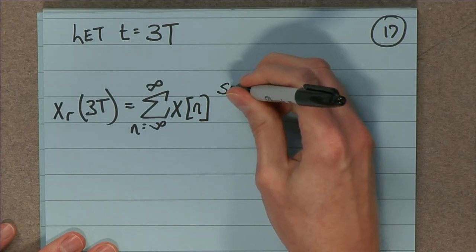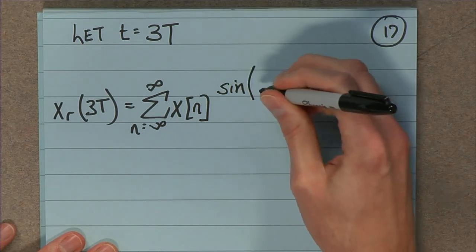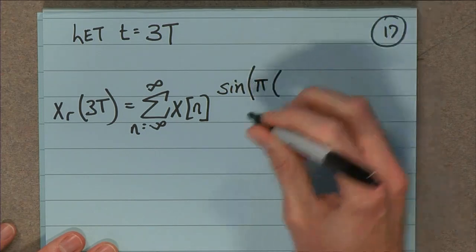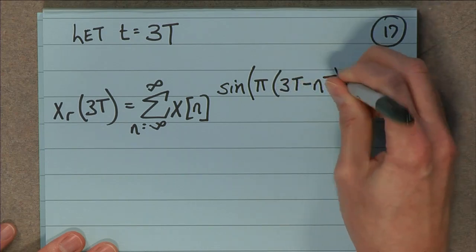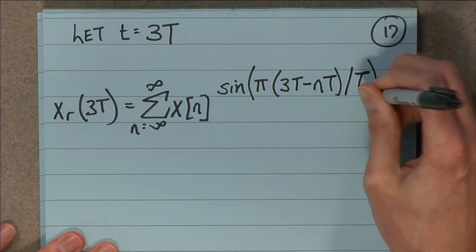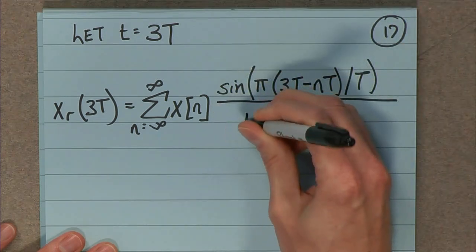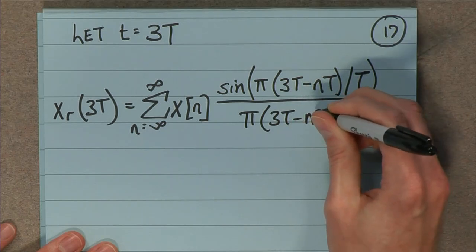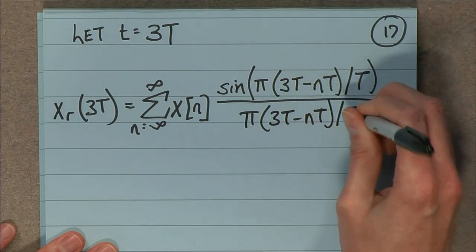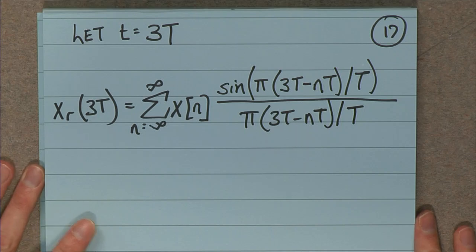And we end up with what? Sine of pi times 3T minus nT all over capital T, and then the same thing in the denominator: 3T minus nT all over capital T. Okay, so we have this expression.